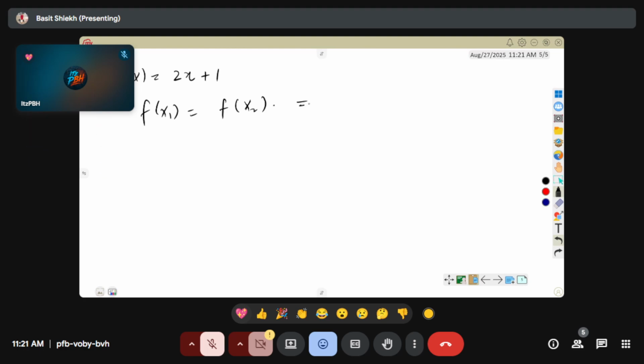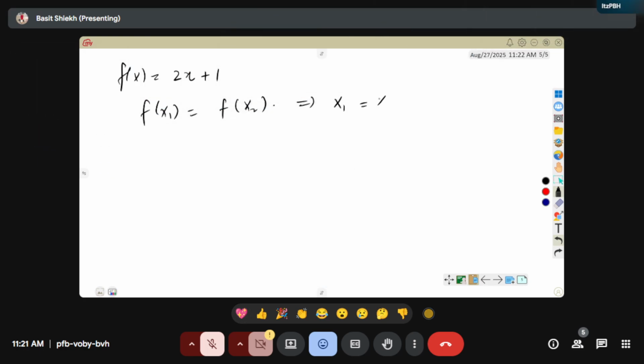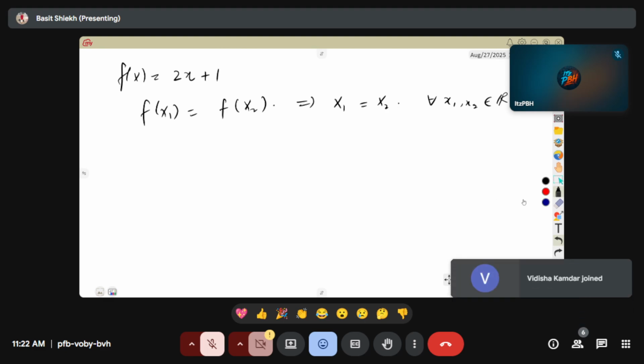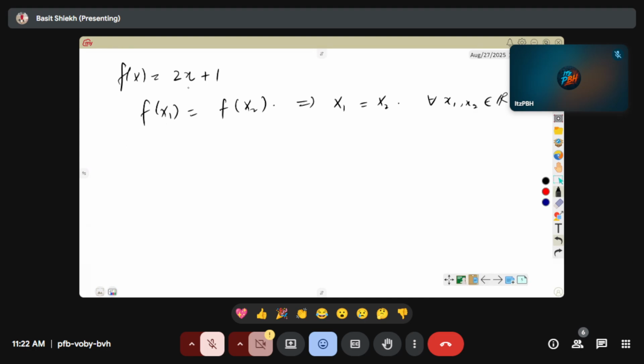This should give us x1 equals x2 for all x1, x2 belonging to the domain, which is R. We'll use this definition for the function f of x equal to twice x plus 1.